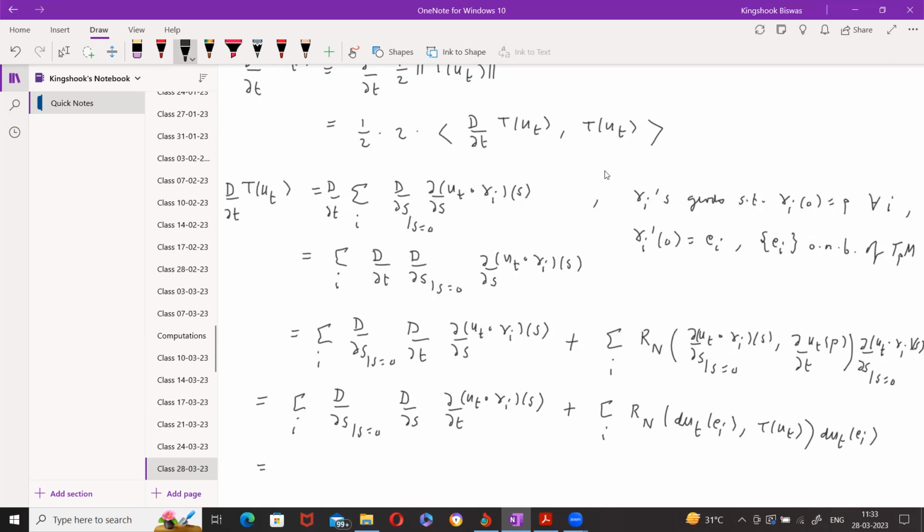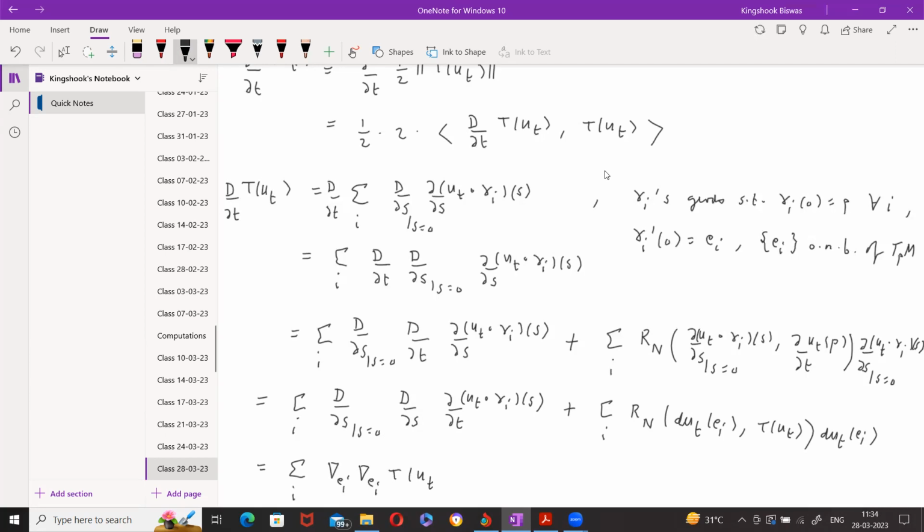And so this first term is what? This del del t of u_t is just the tension field, tau u_t. And then I'm taking two space derivatives in the direction of e_i. So this will be sum over i, nabla e_i nabla e_i of tau u_t.